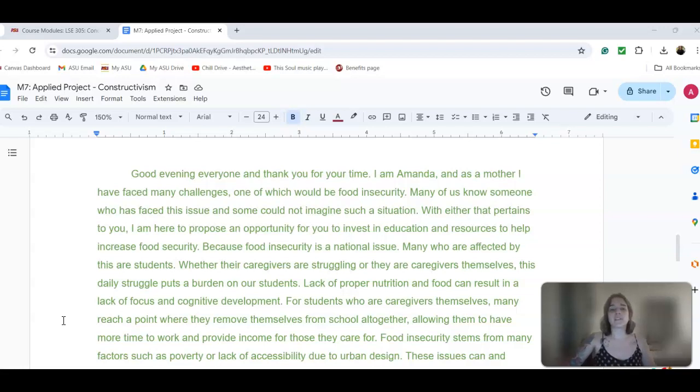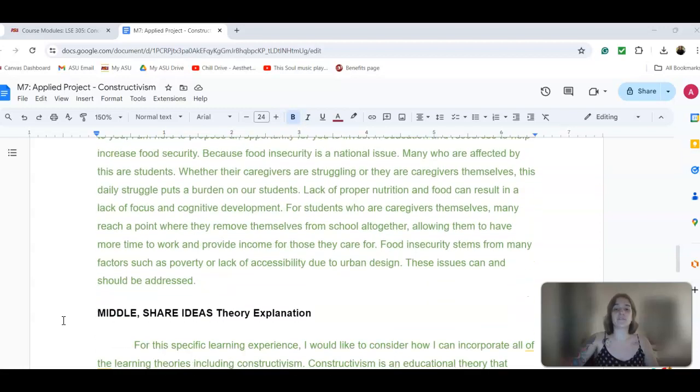Many who are affected by this issue are students, whether their caregivers are struggling to provide food security or they are caregivers themselves. This daily struggle puts a burden on our students. Lack of proper nutrition and food can result in a lack of focus and cognitive development.